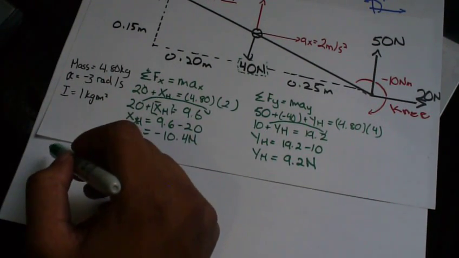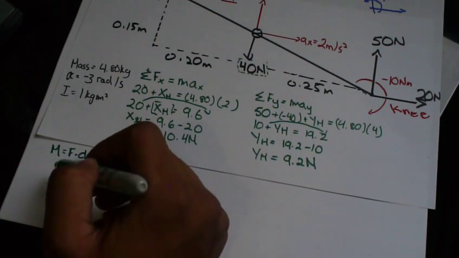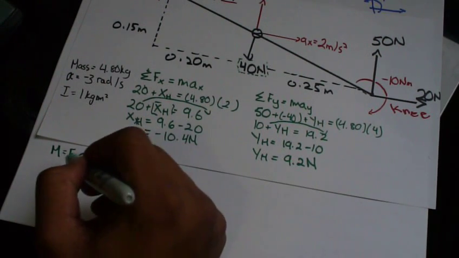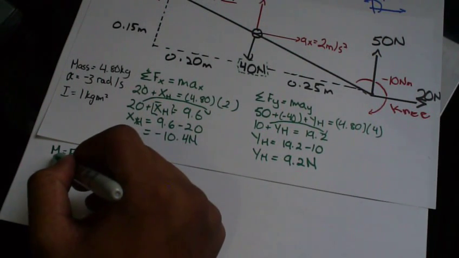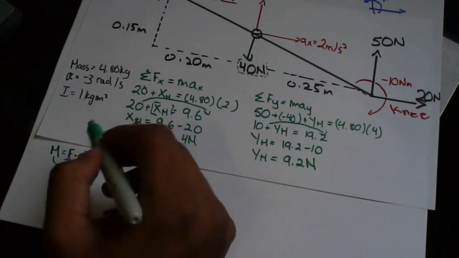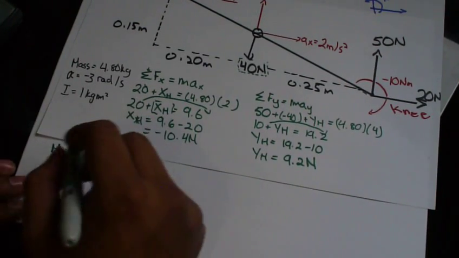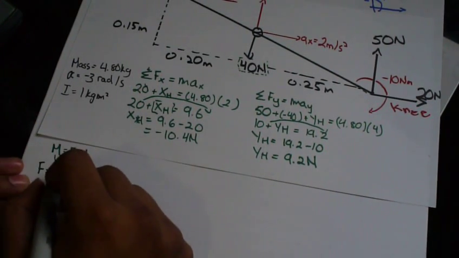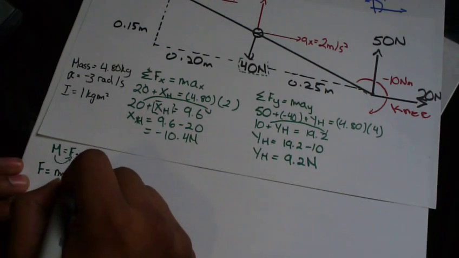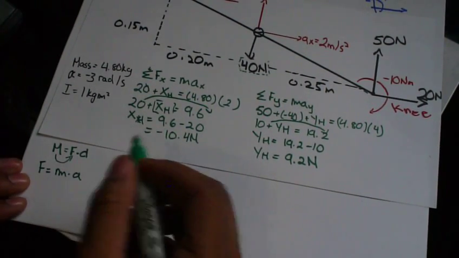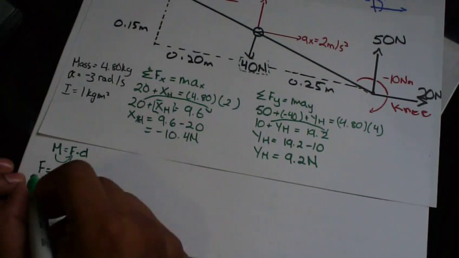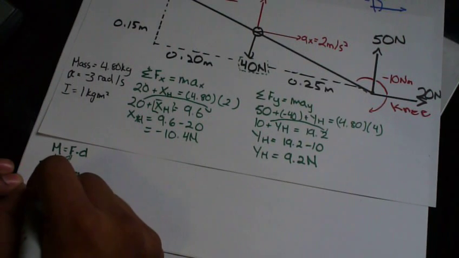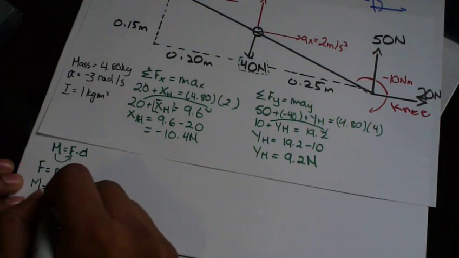A moment causes angular rotation, and whenever we're talking angular rotation, we substitute moment for force. In linear motion, a force is equal to some mass multiplied by an acceleration, as we know from Newton's second law.